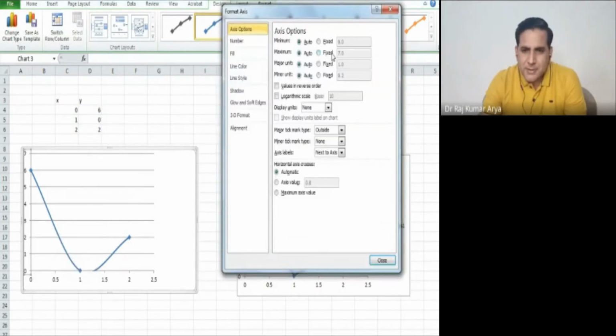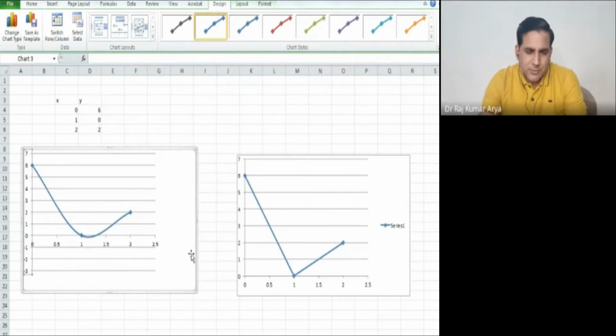You can change your y-axis here. It is currently 0, so let's say you take it from -3. So something like that. You can see that this graph looks something like this. You are talking about x equal to 1.5, so it's somewhere here close to that.